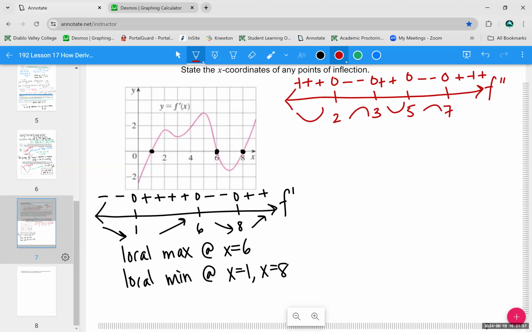So again, I'm not going to write out all of these intervals. We could write down concave up, concave down at the correct intervals, and all of my inflection points appear to be happening at x equals 2, 3, 5, and 7, since it changes concavity at each one of those points.